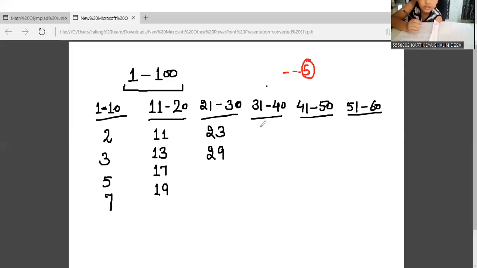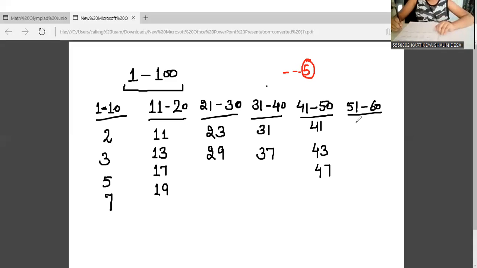Now, in the similar manner, we'll write 31 and 37. Very good, Amika. If you can tell me other numbers in 41 to 50, other prime numbers. 41, 43, and 47. Very, very good. And 51 to 60. Yeah, 51 to 60.